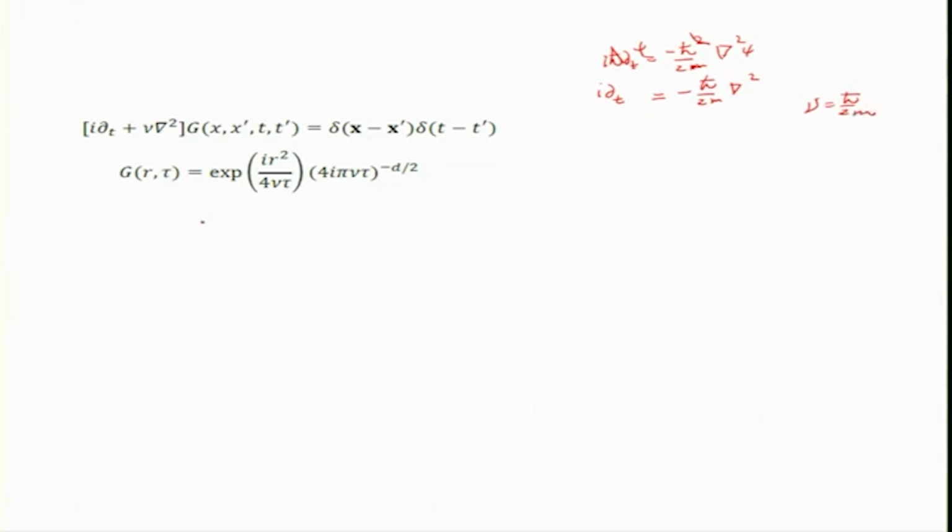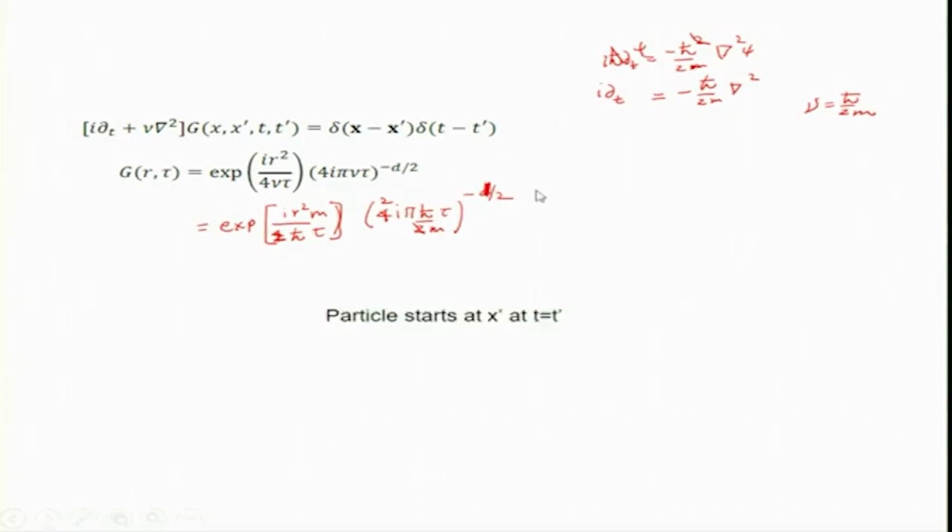So, Green's function is exactly the same thing, we just need to put exponential I r squared by 4 nu tau, which is h bar by 2m, so this 2 will cancel, m over 4 I pi h bar tau to the power minus d by 2. Okay. You just look at 1D formula and this is what we get for 1D.